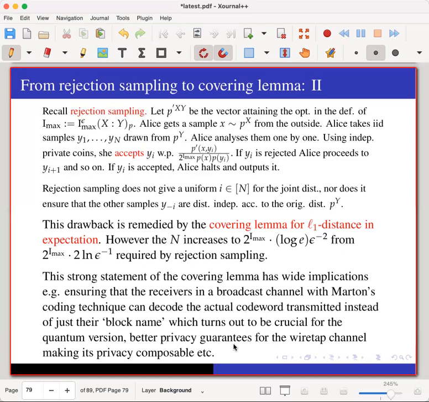If you use this wiretap channel as a sub-channel in a bigger protocol, you can no longer guarantee the privacy holds when there is a lot of side information moving. But once you have the strong statement in terms of L1 distance, no matter how much side information you put in, it will not matter. We'll see this as we study more. This is a huge issue in cryptography called composability. So the covering lemma for L1 distance gives composable guarantees, which is very important.